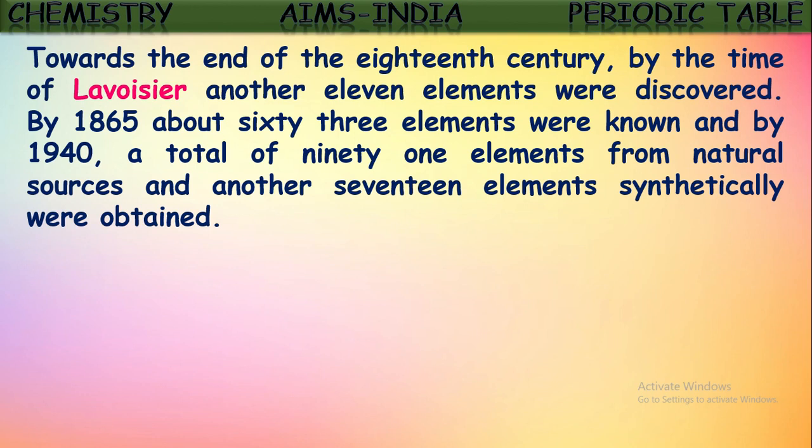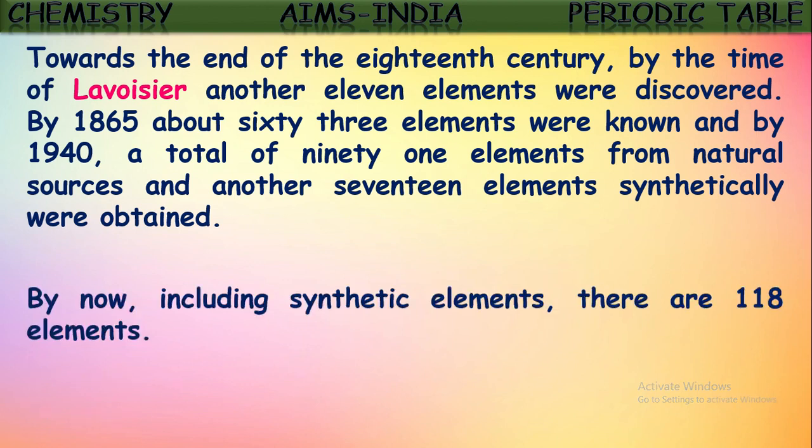Towards the end of the 18th century, by the time of Antonio Lavoisier, another 11 elements were discovered. Slowly, the number of discovered elements grew. By 1865, about 63 elements were known, and by 1940, a total of 91 naturally discovered elements were found, and another 17 elements were obtained synthetically, which are prepared in the laboratory by scientists.